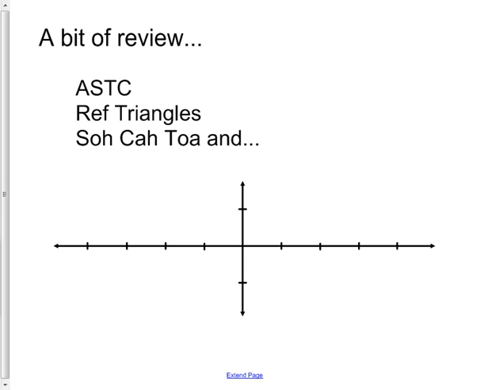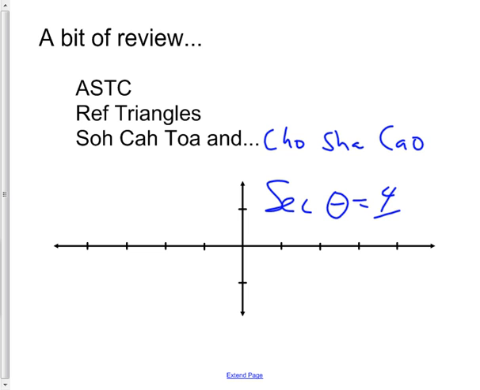Okay. And then if there is such a thing as SOHCAHTOA, and it tells us the sine, cosine, tangent, what would CHO, SHA, COW tell you? Can you get away with not knowing that? Sure. But if you saw secant of theta is equal to 4/5, you ought to be able to tell me, is the 4 the hypotenuse or the adjacent or the opposite side?